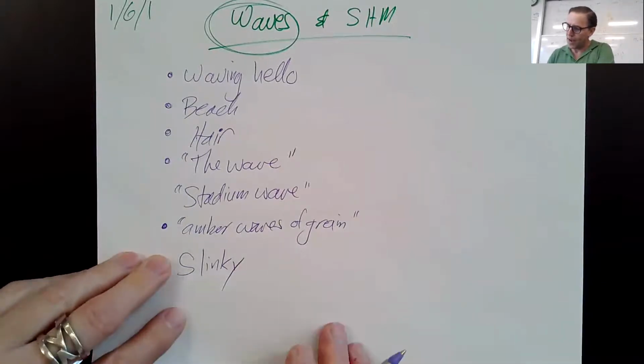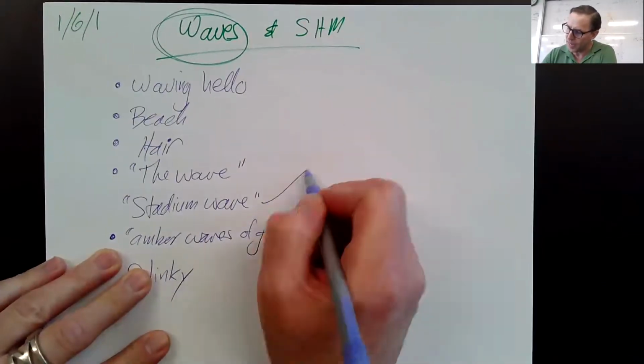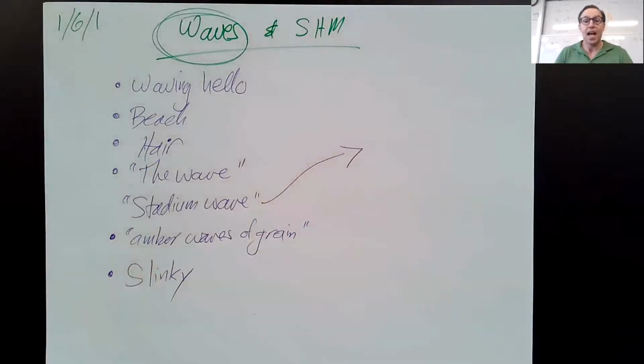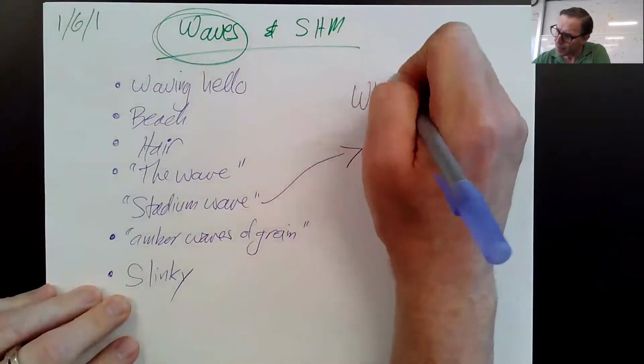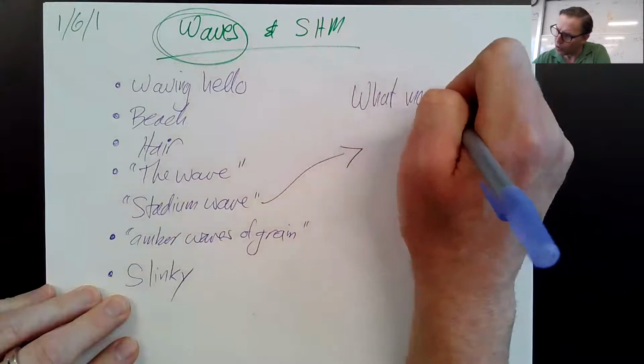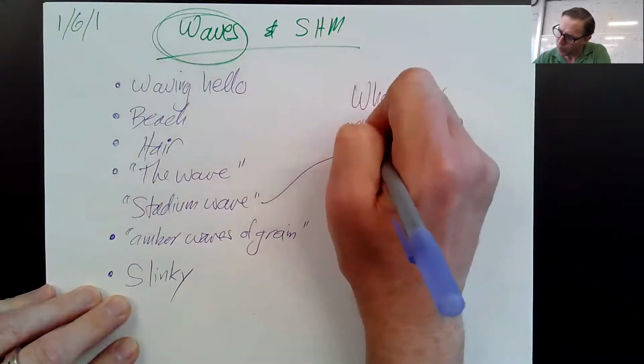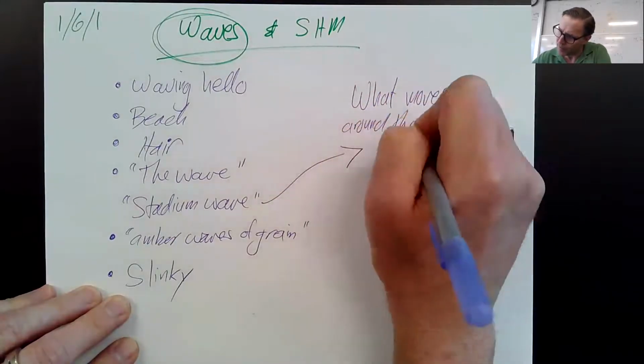What I'd like to do now is talk about the stadium wave, which I hope you're familiar with, and give you some wave vocabulary as demonstrated by the stadium wave. What moves around the stadium?